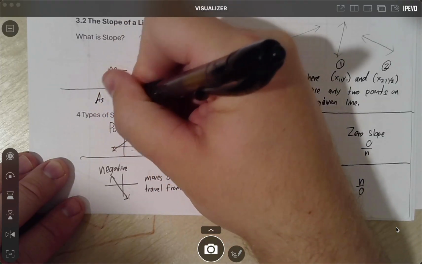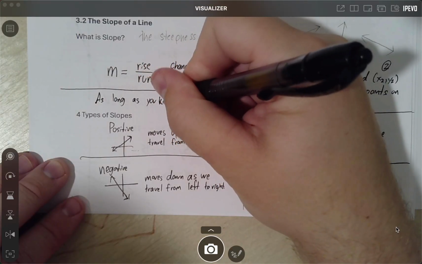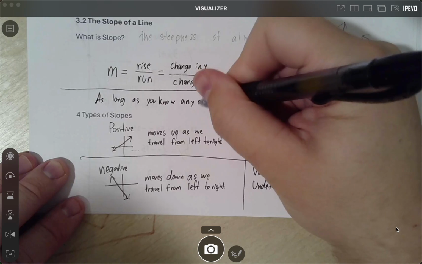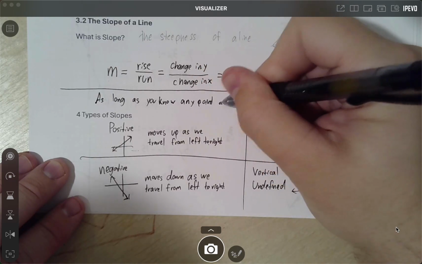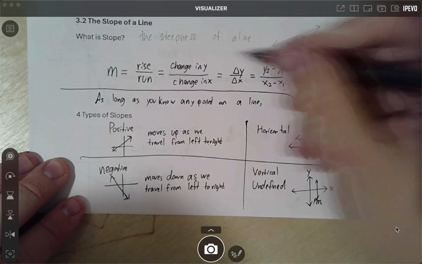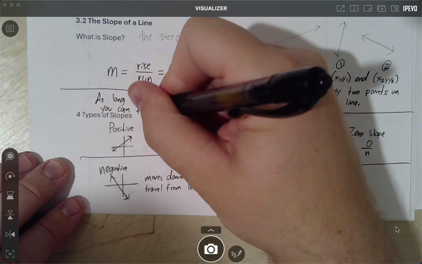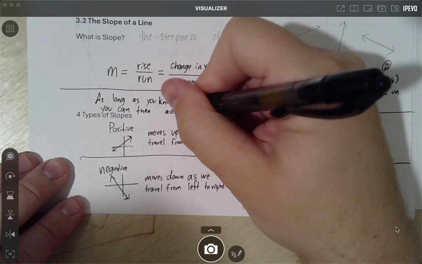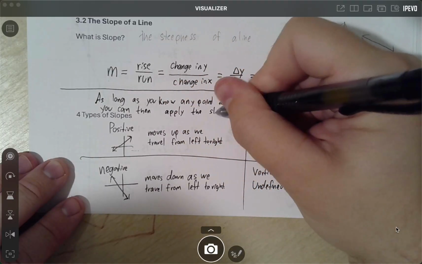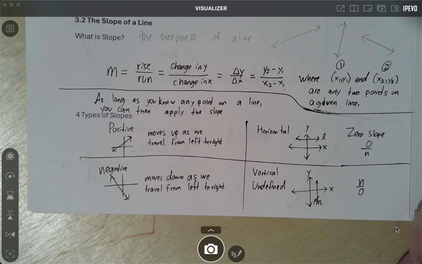As long as you know any point on a line, you can then apply the slope, and by apply, that's what we were doing when we were graphing.